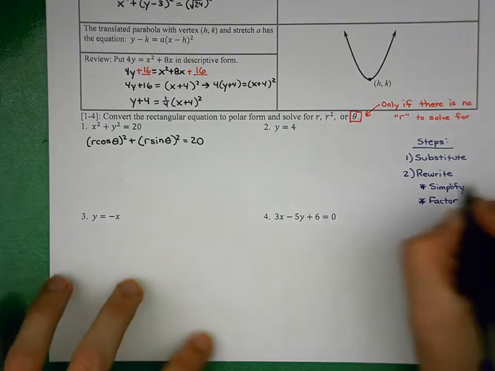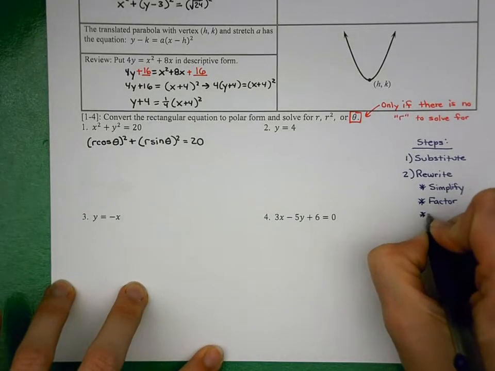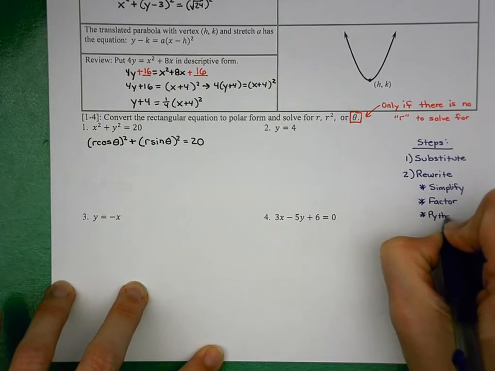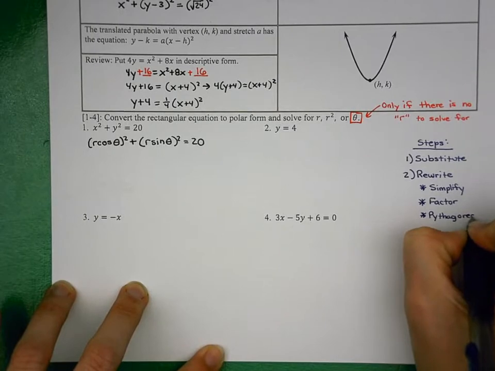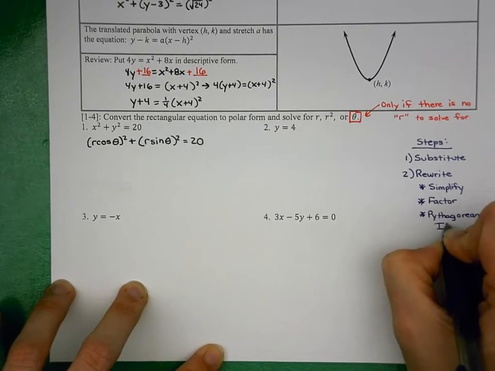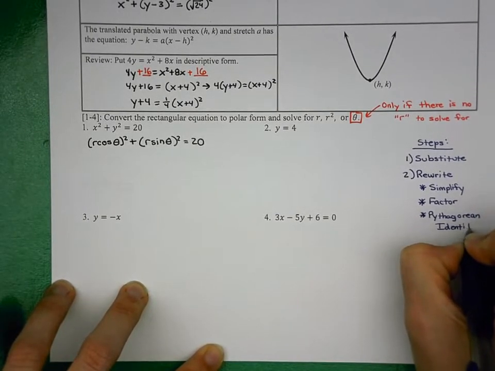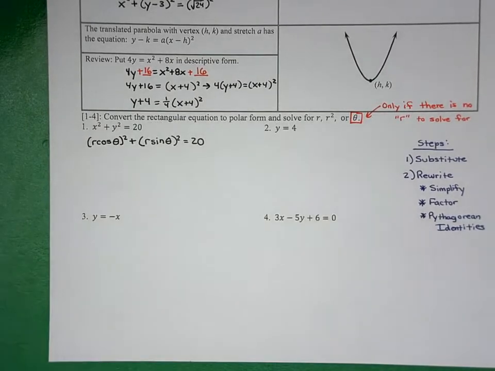You might look for Pythagorean identities. We looked at several of those over the last couple of units, something like cosine squared plus sine squared equals 1, or one of those modified Pythagorean identities. But you're going to be looking to rewrite. What could I do to clean this up, simplify it, manipulate it?